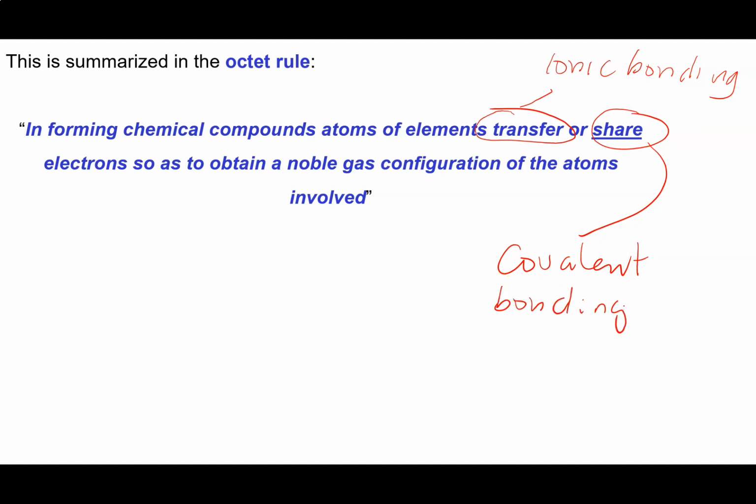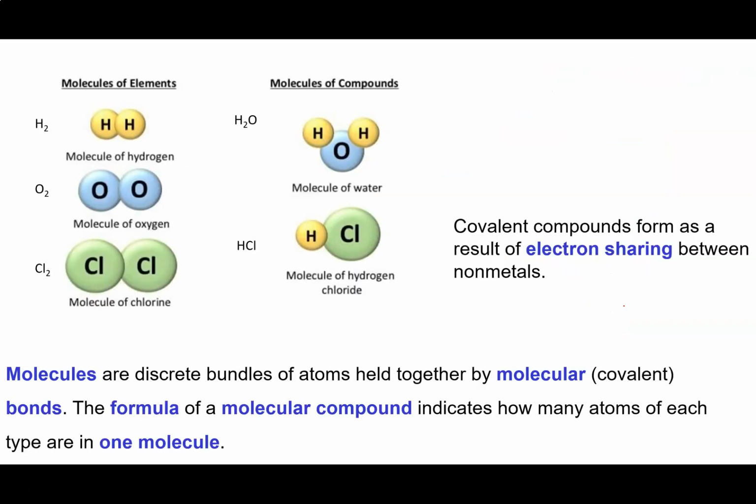and form molecular compounds. So it's worth contrasting the difference between molecular compounds and ionic compounds. Molecules are discrete little bundles of atoms that are held together by molecular or covalent bonds. And it's important to recognize that the formula of a molecular compound indicates how many atoms of each type are in one molecule.